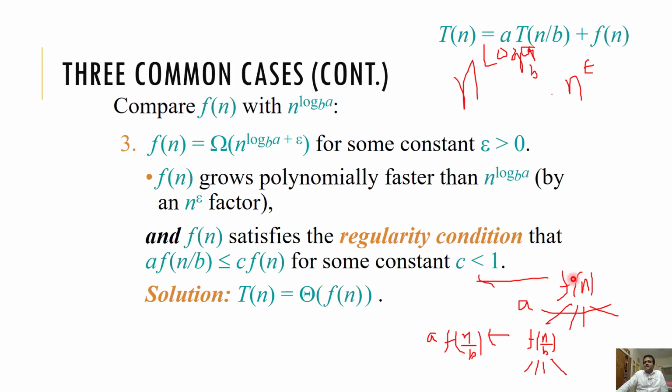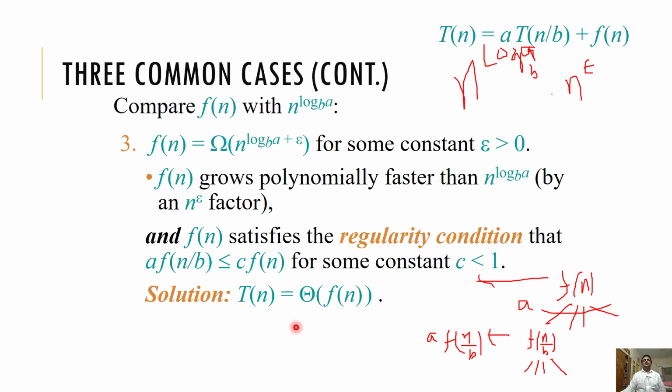This is a double check, you can say, to quantify that f(n) is the dominating cost. It is the extra condition for the third case. For the third case we have to check that there is a c such that a f of n by b is less than or equal to c f(n).